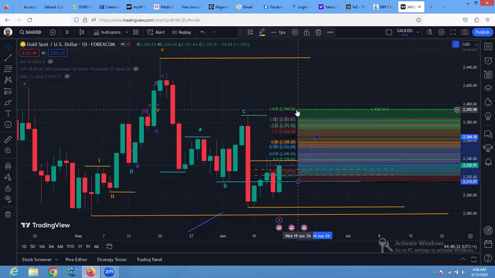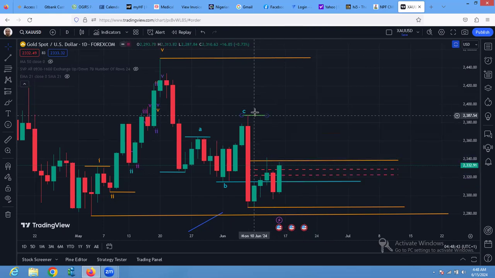It didn't do more than 161.8 to the upside, which is still good. If it had broken 161.8, then probably it would have been a new wave to the upside, and it came down.